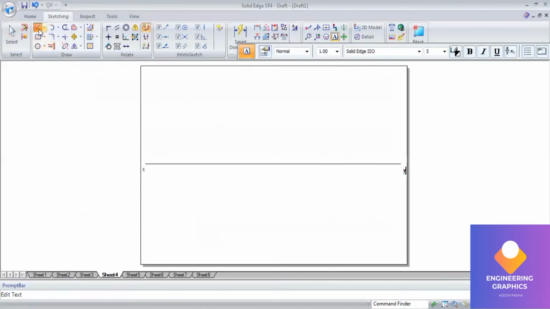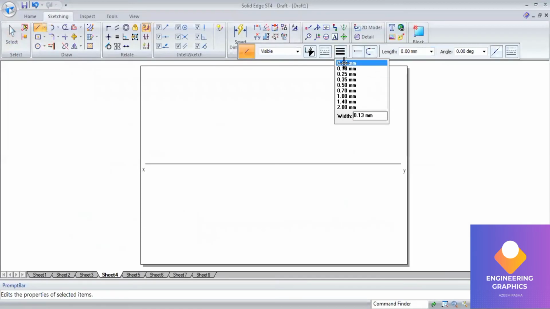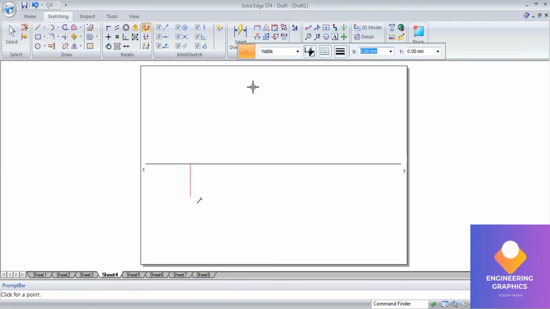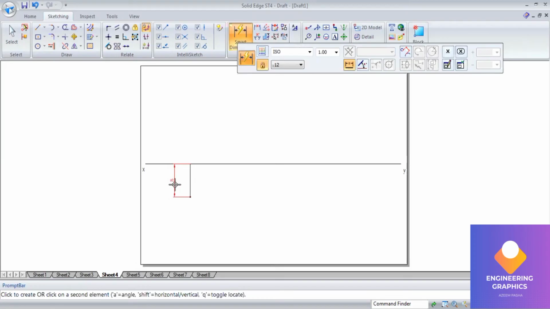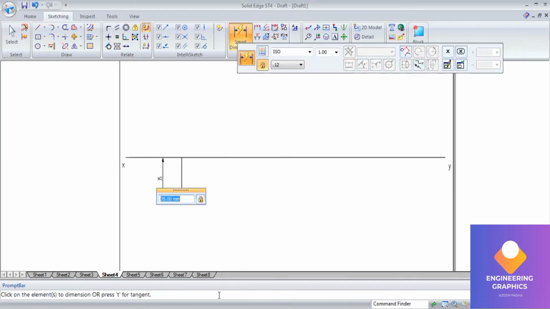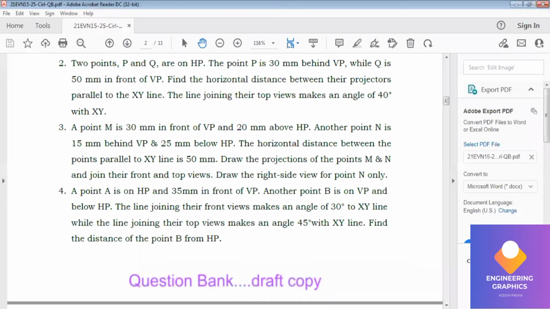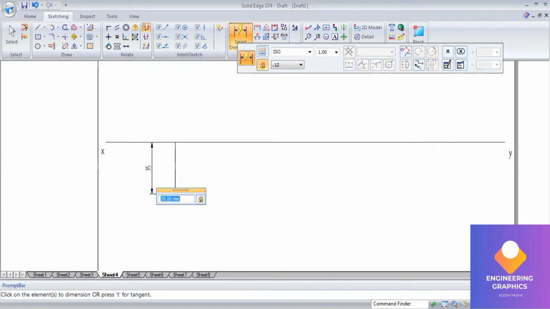HP means front view, so it is lying below the XY line. Go to point and select thickness 2 mm. Mention the dimensions. Next, another point B is on VP and below HP. We don't know how much distance it has.